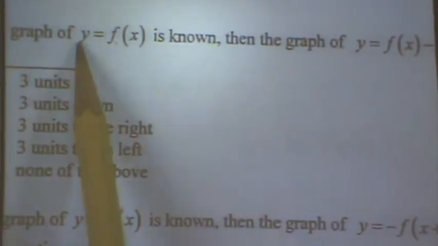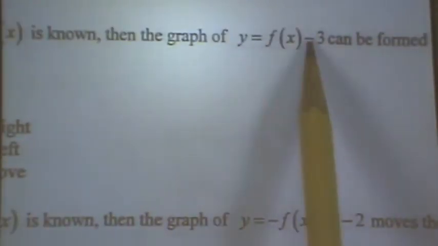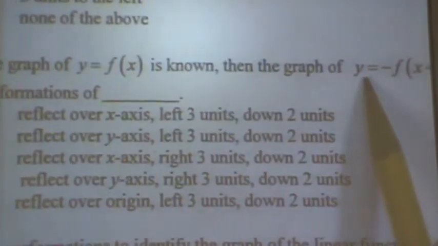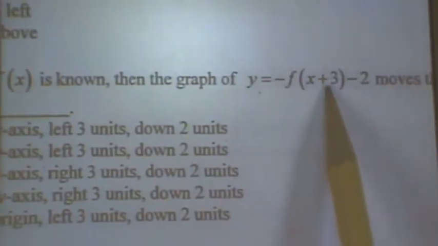Okay, here's another example, 18. If I go from y equals f of x to f of x minus 3, that's a shift 3 units down. And this one's a reflection over the x-axis, that's what the negative does. 3 units to the left and down 2.